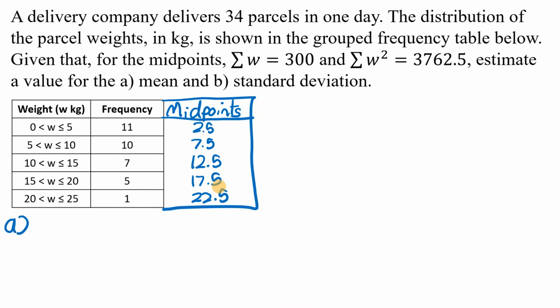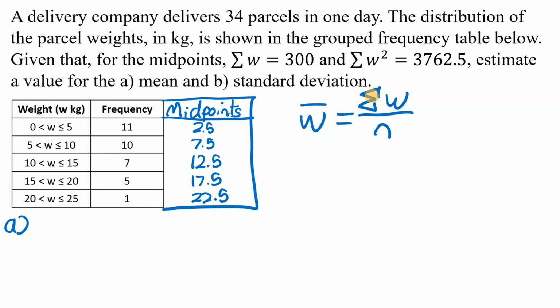Normally we do x bar, but in this case, because we're talking about the weight and we're told this is W, we're going to say that this is W, the data. So the mean is equal to the sum of all the data values added together, which in this case we'll say is W, divided by n, which is the number of data points.